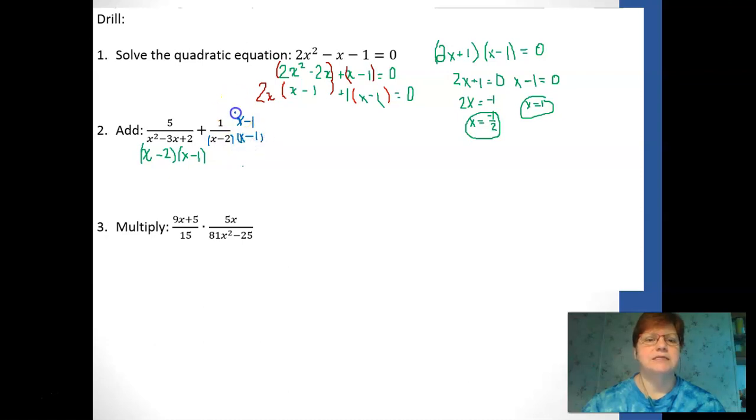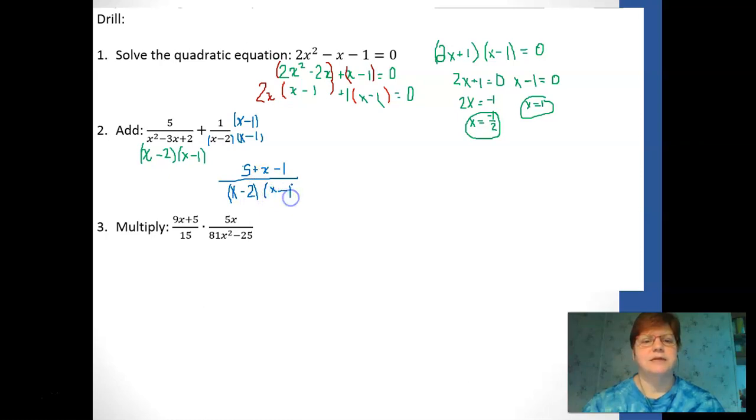Life is pretty easy on this problem, because they said 1 times that. So our numerator is going to be 5 plus x minus 1, because 1 times x is x, 1 times negative 1 is negative 1. And our denominator is going to be x minus 2 and x minus 1.